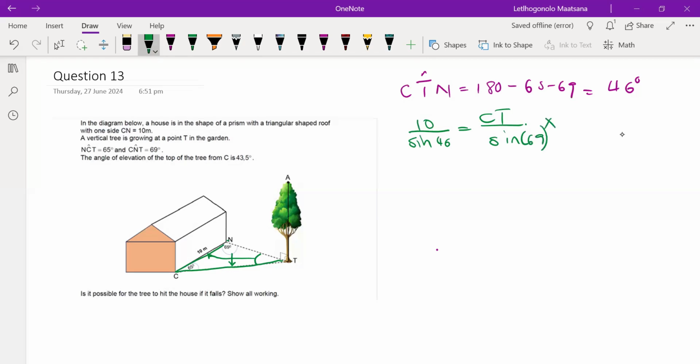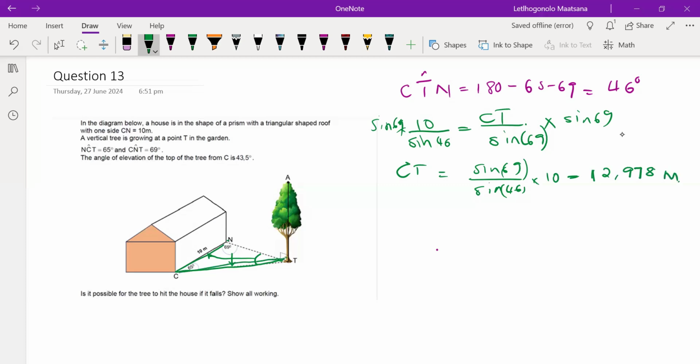We will multiply both sides by sine of 69, and we get that CT is equal to sine of 69 over sine of 46, and everything multiplied by 10, giving us a value of 12.978 meters. So now we know that length over there.